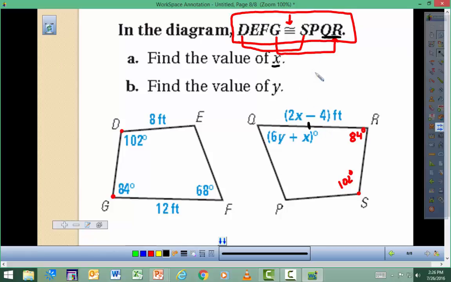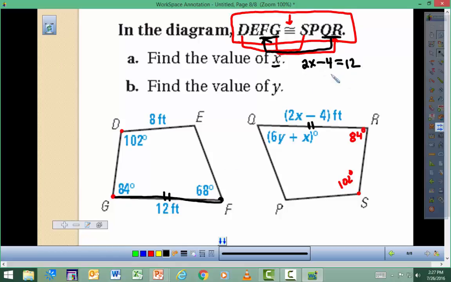So this segment has to match up with the last two letters over here, FG. FG is down here. So this segment is congruent to this segment, and if they're congruent, then I can get an equation. It looks like 2x minus 4 must be equal to 12.